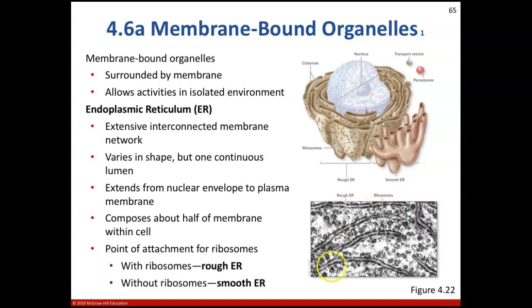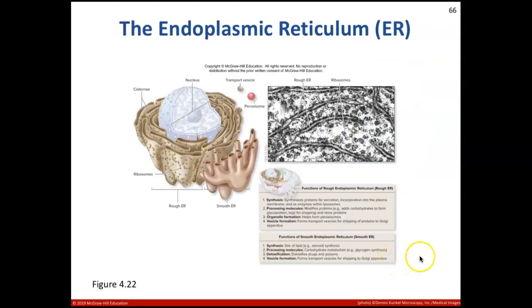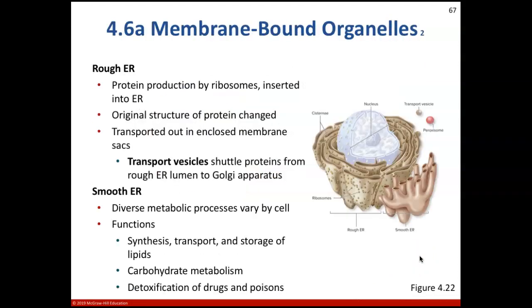And you could see in this photo here, this is an electron microscope micrograph, and these spots here are representing the ribosomes, whereas these channels or membranes are representing the actual rough ER. And here's that figure again for you. Now, our rough ER is involved in protein production with those ribosomes that are attached to it.